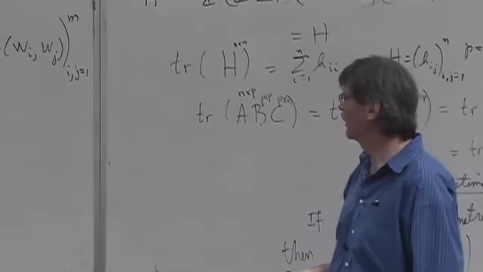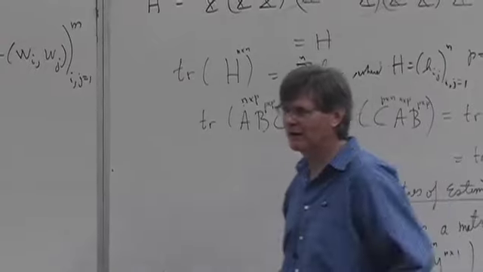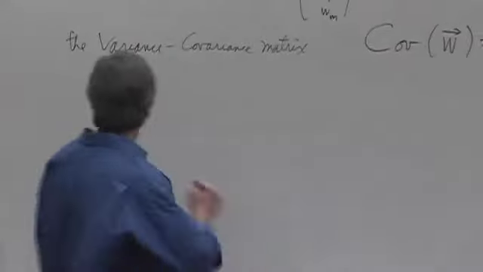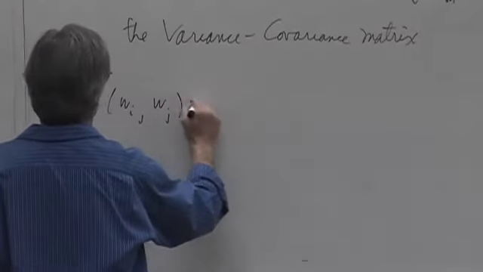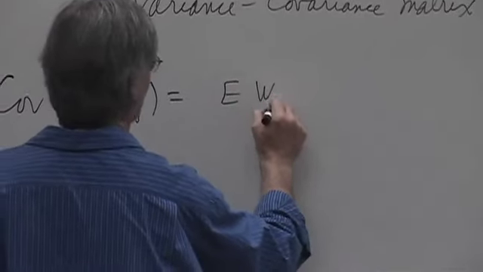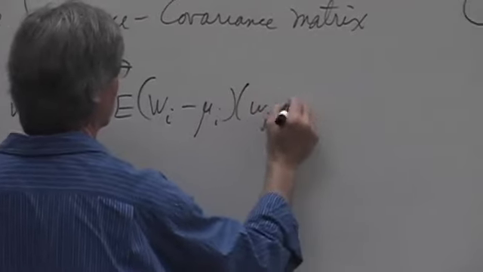What do I mean by the covariance of Wi with Wj? Well, we defined that last time. It's an expectation of a product. So the covariance between Wi and Wj equals E of Wi minus mu i, times Wj minus mu j.